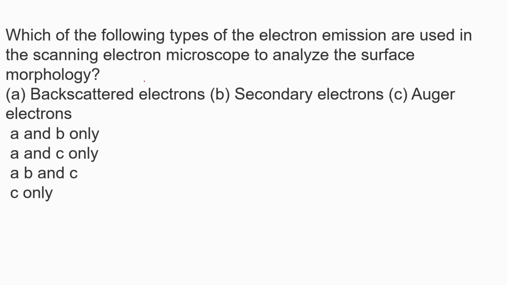So the correct answer here would be A, B and C. So all these electrons, backscattered electrons, secondary electrons, and Auger electrons are used in the scanning electron microscope to analyze the surface morphology.